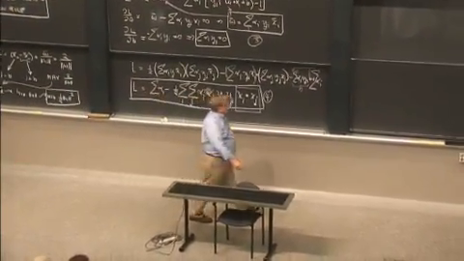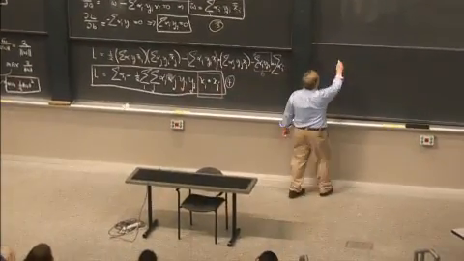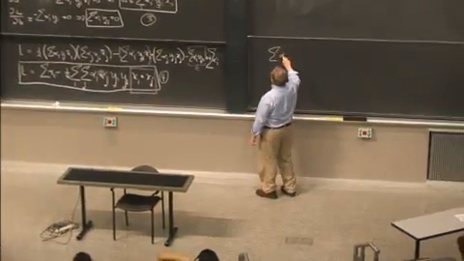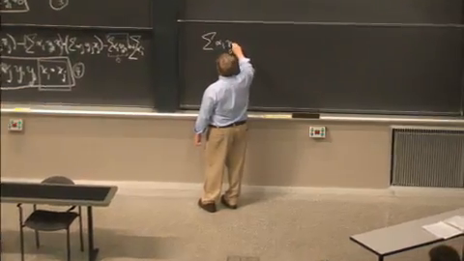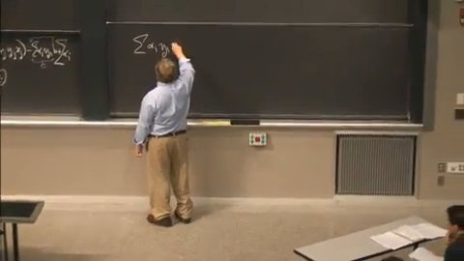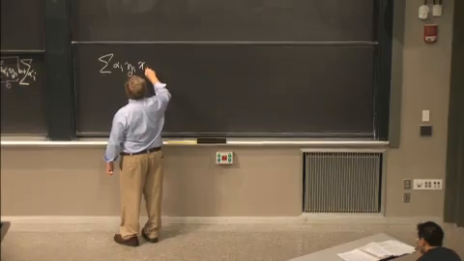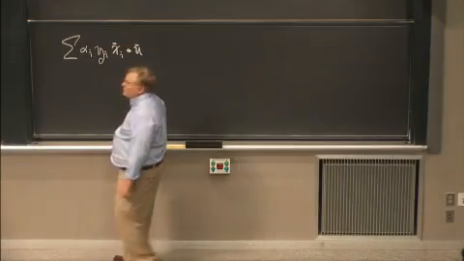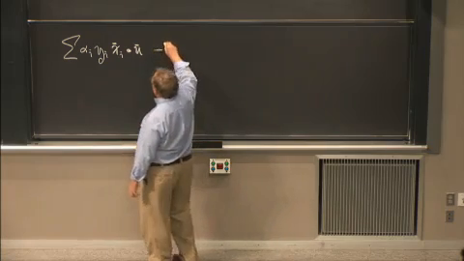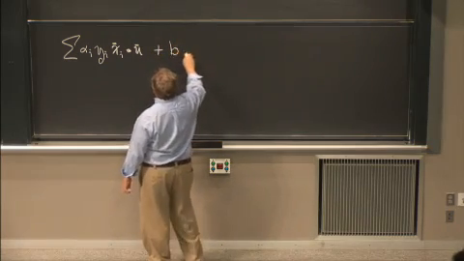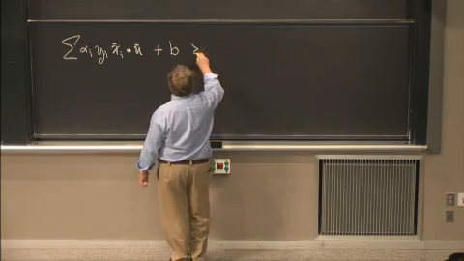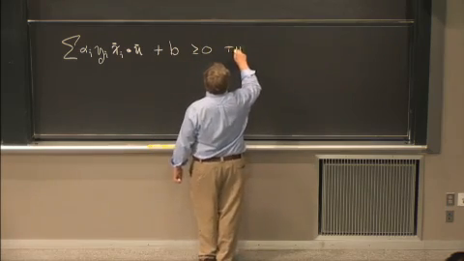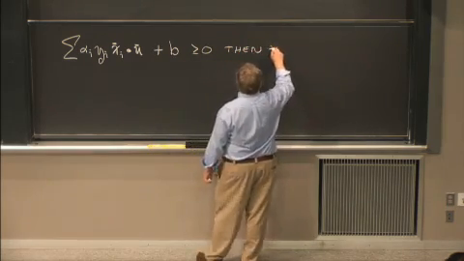So the decision rule is going to look like the sum of alpha i times y sub i times x sub i dotted with the unknown vector, like so. And we're going to subtract, I guess add b, and we're going to say if that's greater than or equal to 0, then plus.